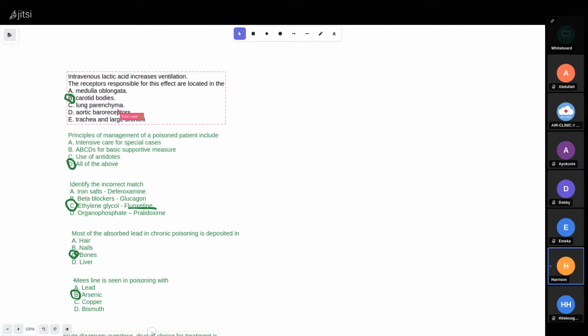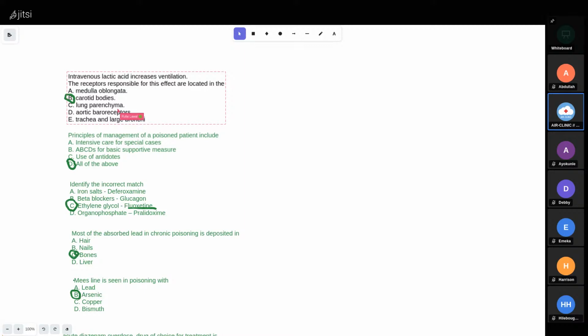So we mentioned that the things that shift the curve to the right are things that the right is right for the body.